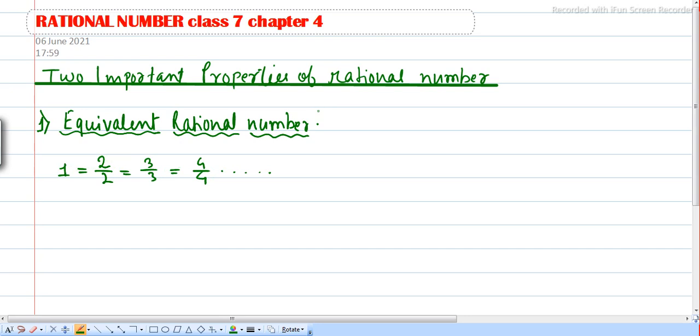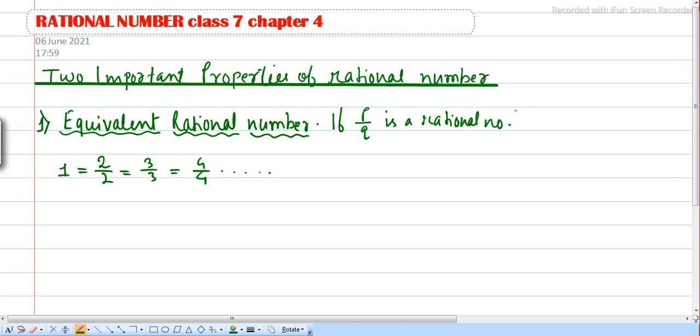So p by q means fractional form where p is the numerator and q is the denominator.